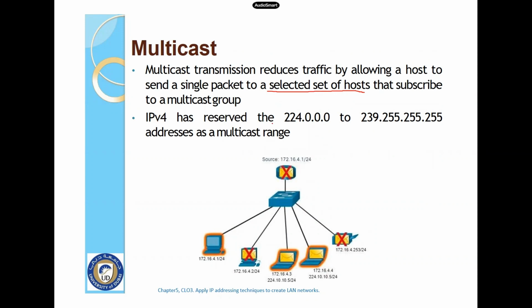IP version 4 has reserved the range 224 to 239.255 for multicast. Keep it in mind, because later we will see an IP address that has something between those, and it could be incorrect. This range is reserved for multicast.